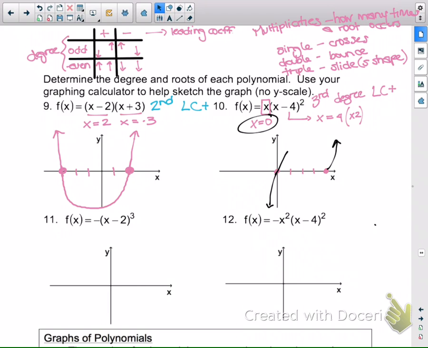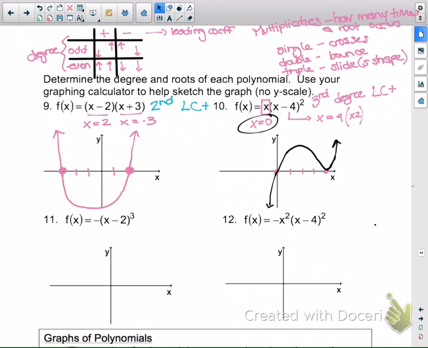So what that looks like on this graph is that it comes up, comes down, bounces, goes right back up. That's the easiest way to talk about it because it literally looks like if a ball, you traced its path, it's coming down, bounces, and goes right back up. So that means when you have a double root, you never cross through the x-axis at that point. It stays on the same side. It either stays above or it stays below, whichever one it was.